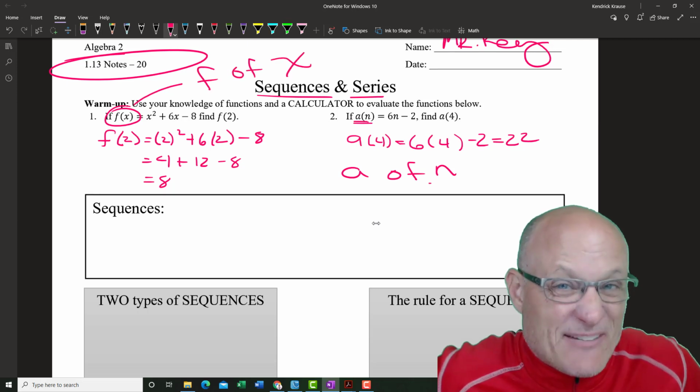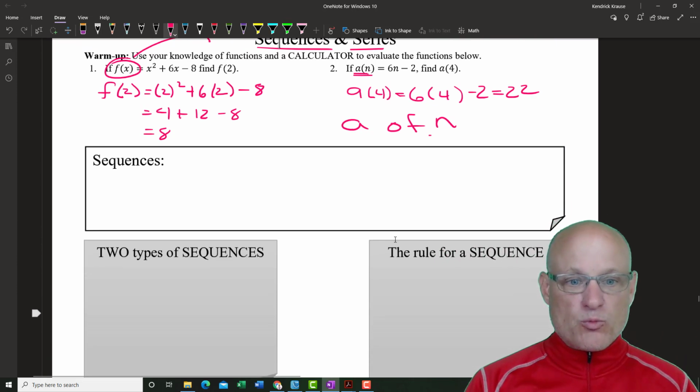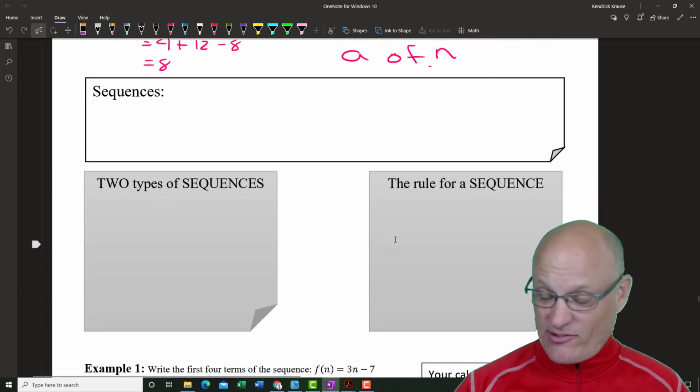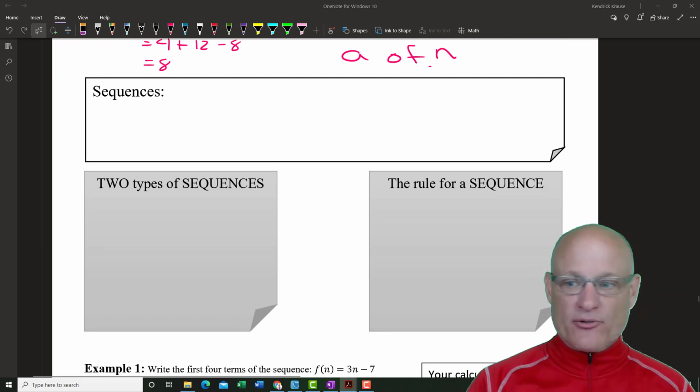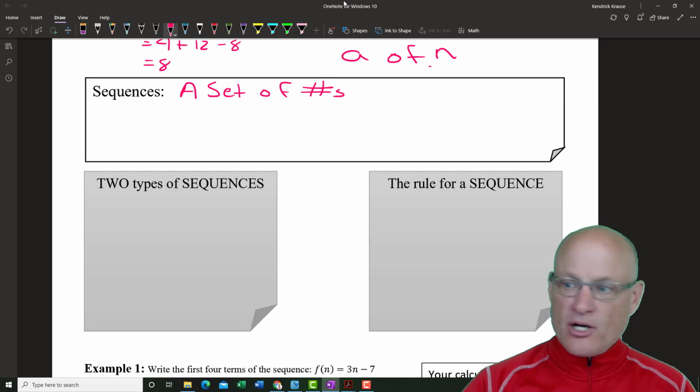Today we're going to learn a little bit different notation. It's sequence and series notation. And we're going to learn to talk about rules to define sequences and series of numbers. All right, so a sequence is simply a set of numbers that follow a pattern or rule.